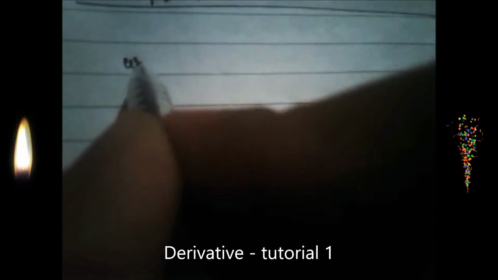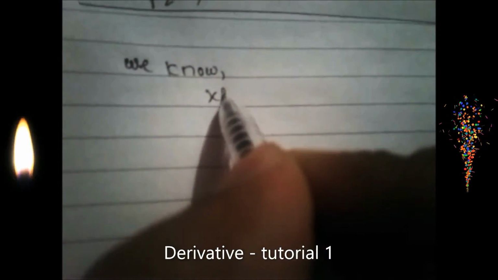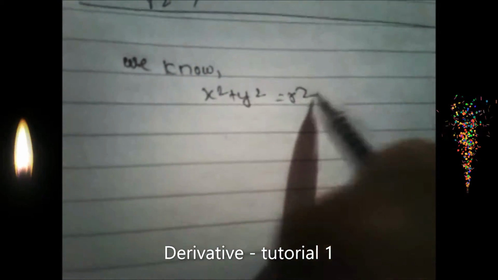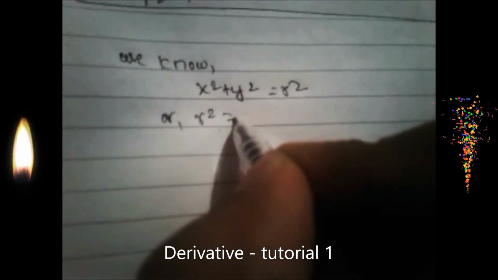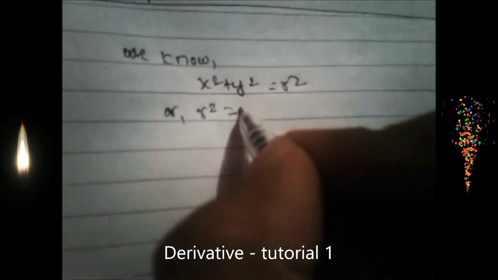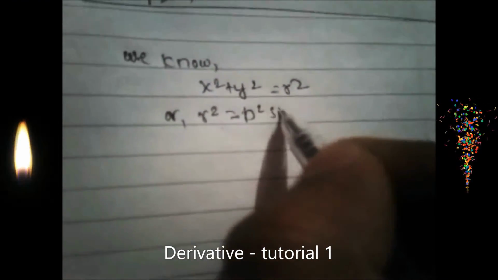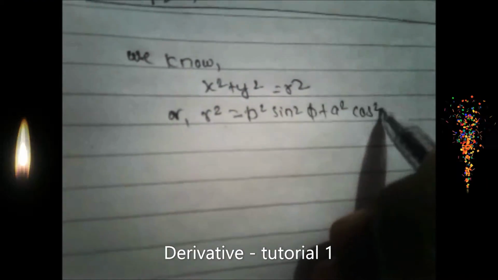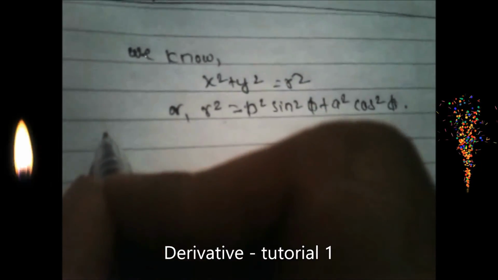Now what do we do? We know x square plus y square is equal to r square, so r square is equal to the x value we have got, b sin phi, so b square sin square phi plus a square cos square phi. This is the value of r square.